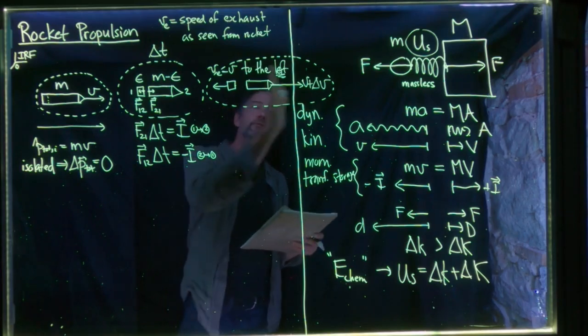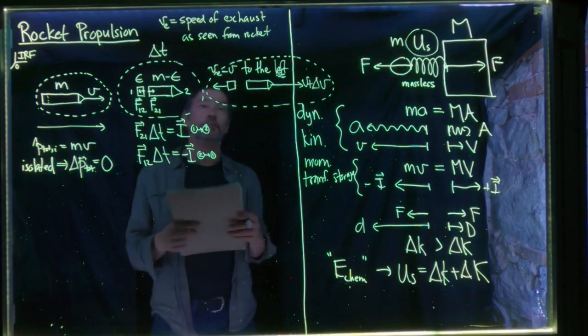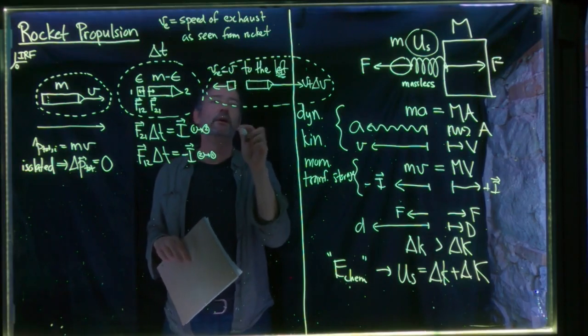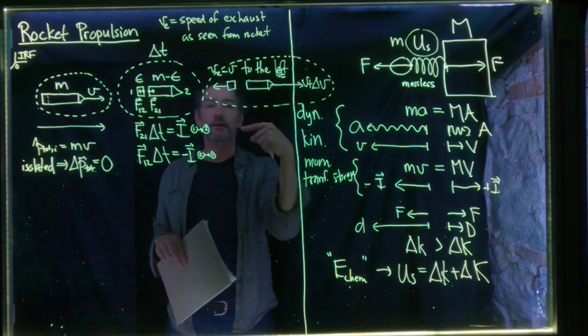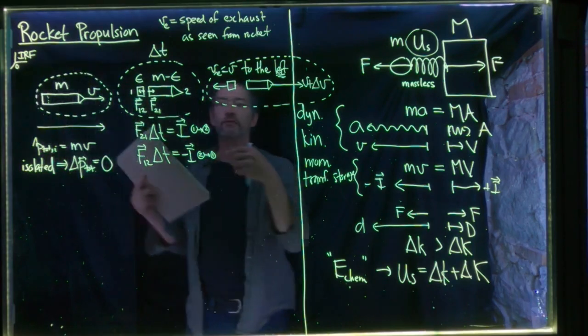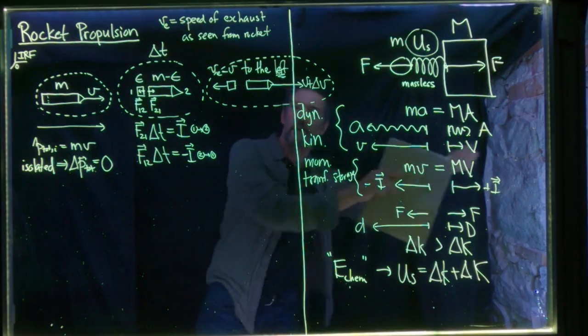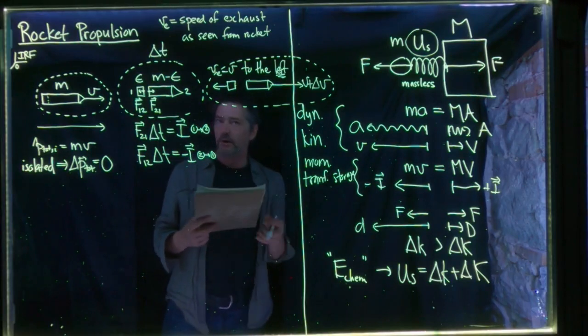So rockets can move faster than their exhaust gas particles moving out the back. There will come a time where the rocket is moving faster than the exhaust gas velocity, and these exhaust gas particles, relative to the original inertial reference frame, are not moving to the left. They're actually moving to the right. That's a really interesting point that we're going to come across later.